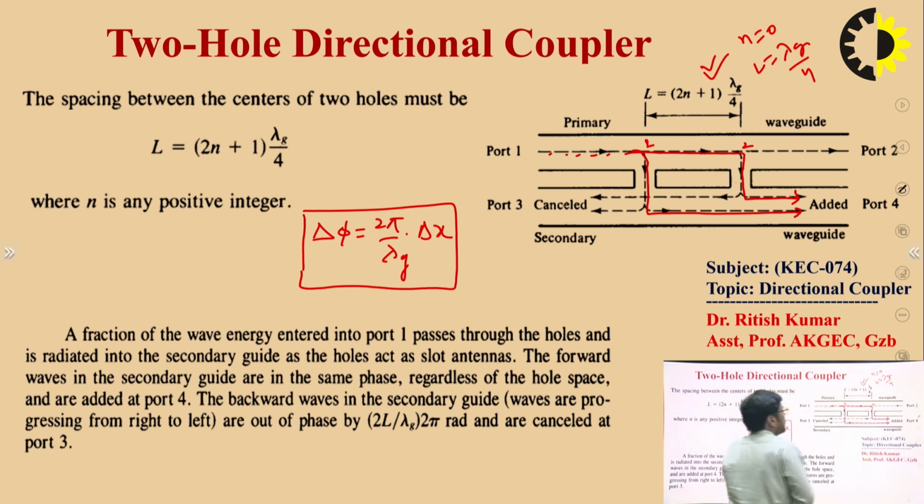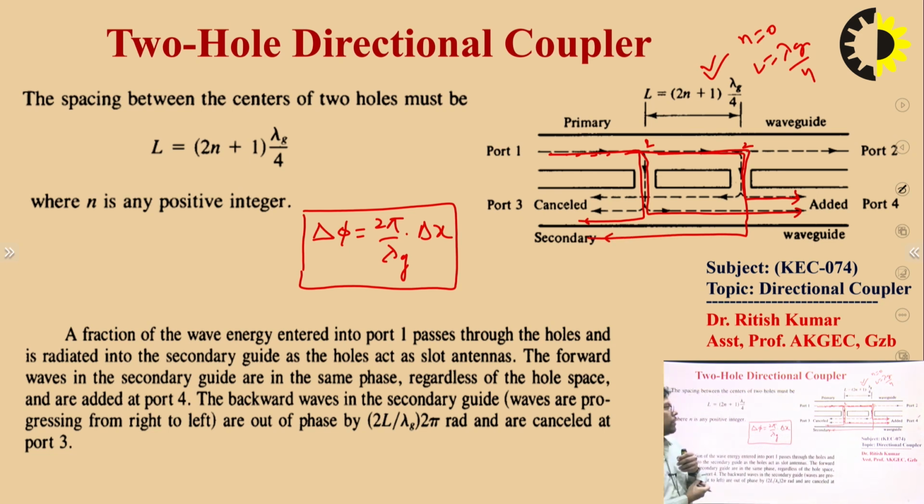Now what would be the condition to receive power at port number 3? You can see there are two paths to receive power at port number 3 from port number 1: this is the first path and this one is the second path, right? How much path difference do you get at port number 3? This one is lambda g by 4 and this one is lambda g by 4 again.